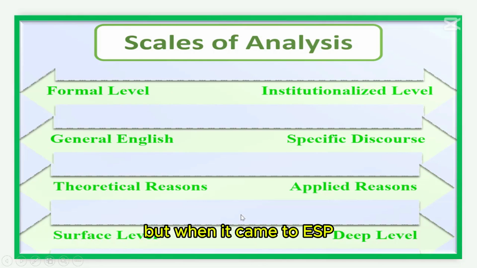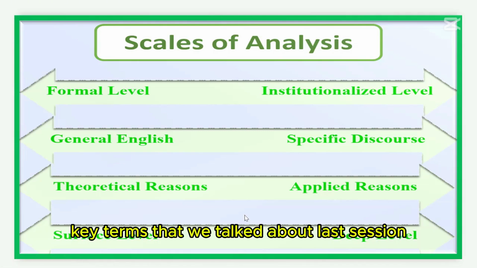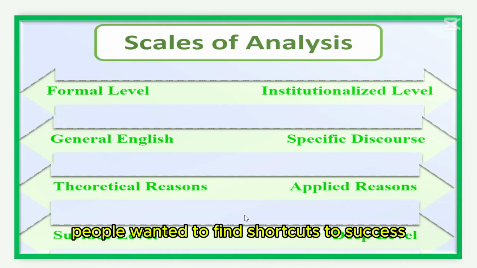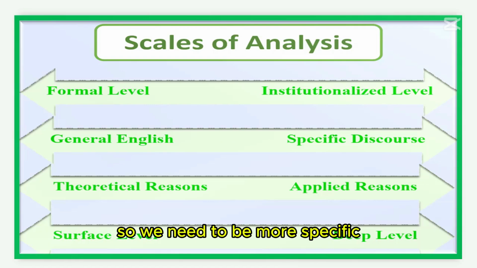But when it came to ESP, because of the efficiency and accountability key terms that we talked about last session, because people wanted to find shortcuts to success in their occupations, in their academic communities, we need to be more specific.